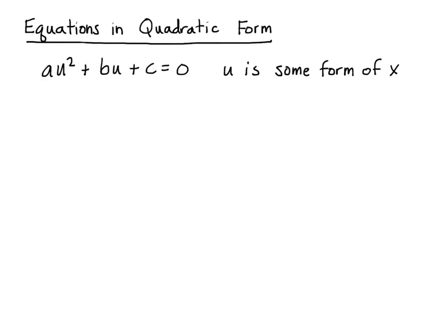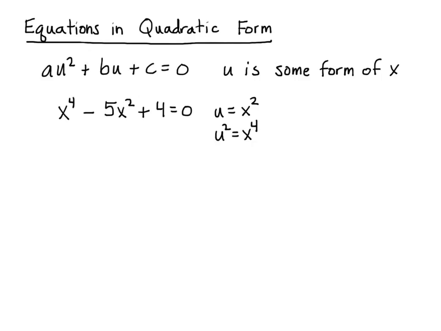Now, if I look at this, I can say, okay, this is quadratic form when u is some form of x. And so let's say we have this equation, x to the 4th minus 5x squared plus 4 equals 0. Definitely not a quadratic equation because we have a 4th degree in there. Okay, so let's put this in quadratic form. So we're going to do this by substitution. I'm going to define u equals x squared. So then if u equals x squared, I'm going to get u squared equals x to the 4th.